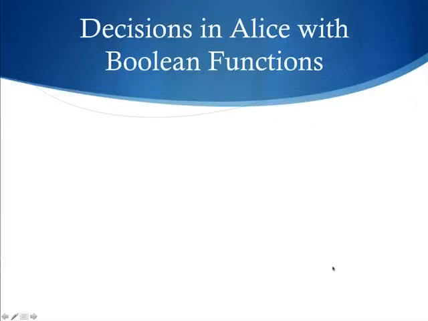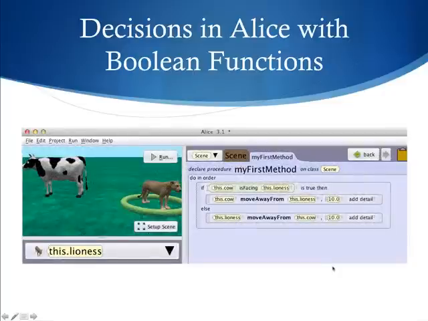So if we look at an example of this, as you know, in Alice we have functions. They're on the function tab. They give us data back. Some of these functions give us back true and false values. Some of them just give us back a numeric or a string value, or even a joint value, which is a joint on the model that we can manipulate.